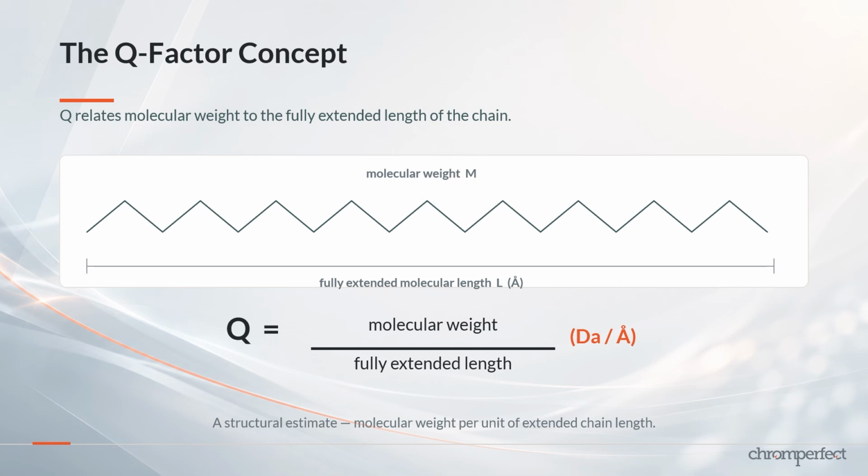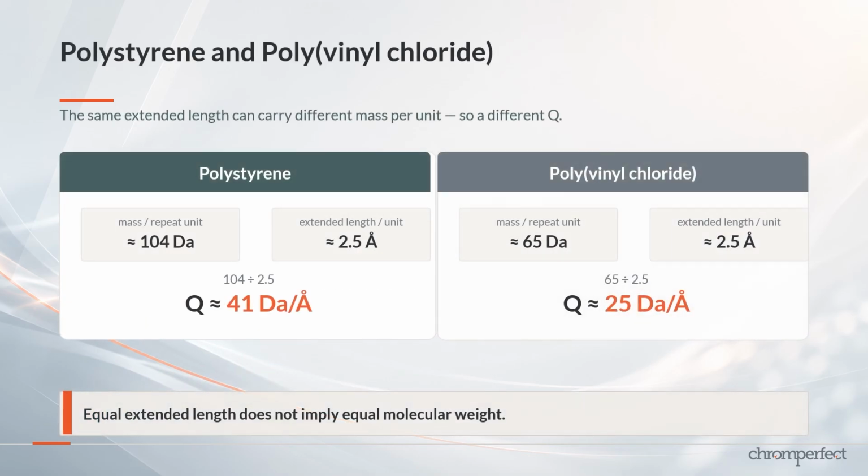Because different polymers contain monomer units of different masses and structures, their Q-factors differ. For example, a styrene monomer has a molecular weight of approximately 104. If each monomer contributes approximately 2.5 angstroms to the fully extended chain length, the Q-factor for polystyrene is approximately 41 Daltons per angstrom.